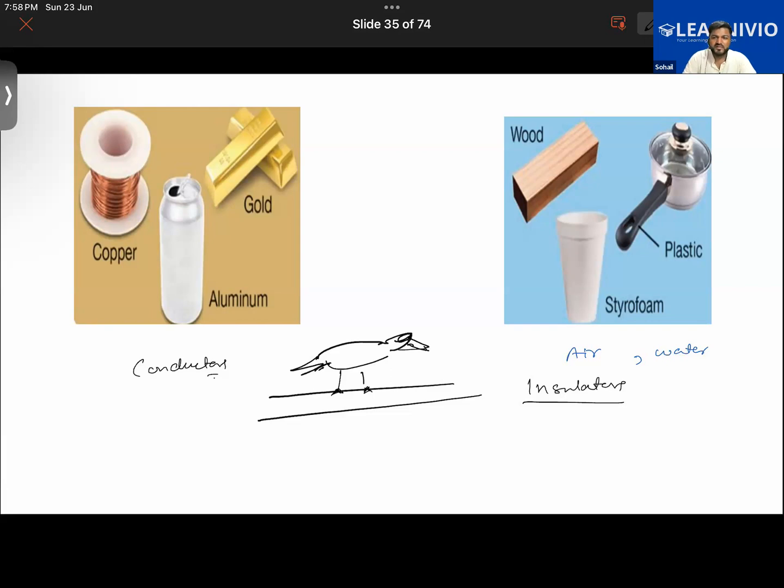Or in another manner, you can understand it this way: the feathers of this bird act as insulators and thereby current does not pass through them. The resistance offered by the body of this bird is very high, so current does not pass through the body, because the claws of the birds are non-conductors. Getting it or not, what I'm trying to say?